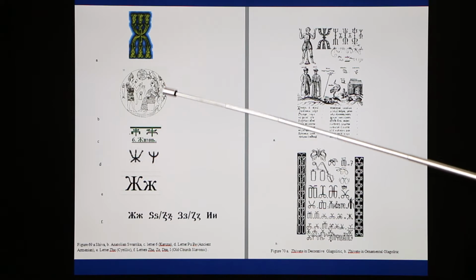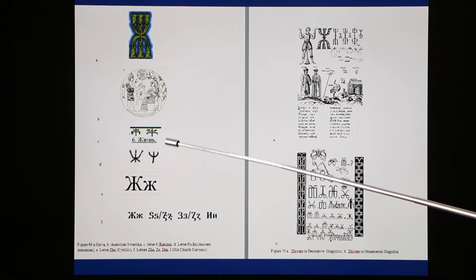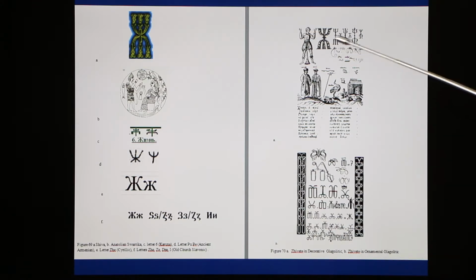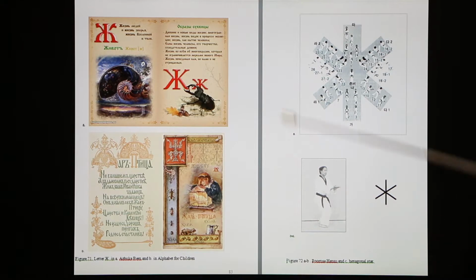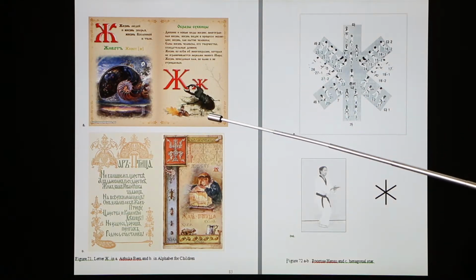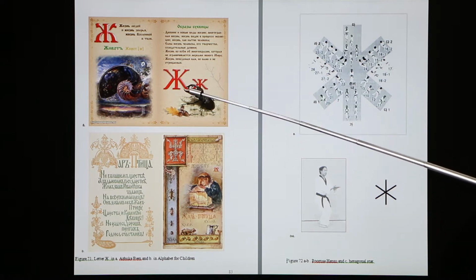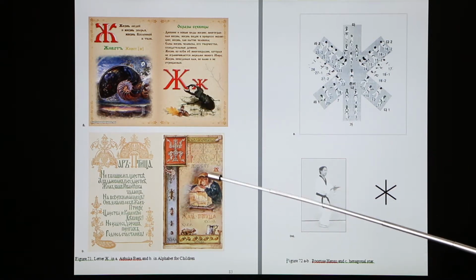Or I can do it this way. I can make a rune out of that. I can make it into these letters and then variations on those letters. And here are 2 Russian alphabet books, and we see various associations of that.